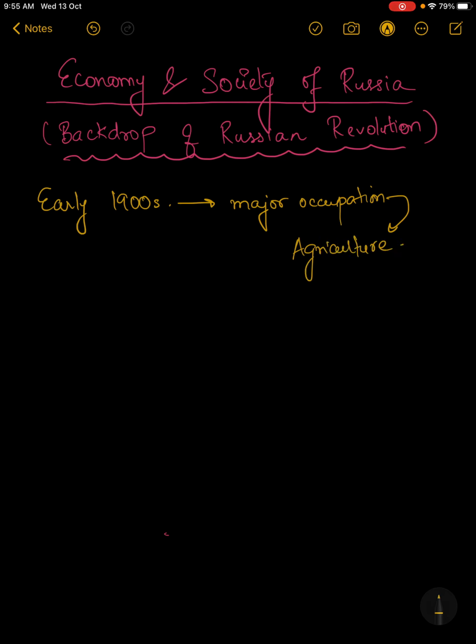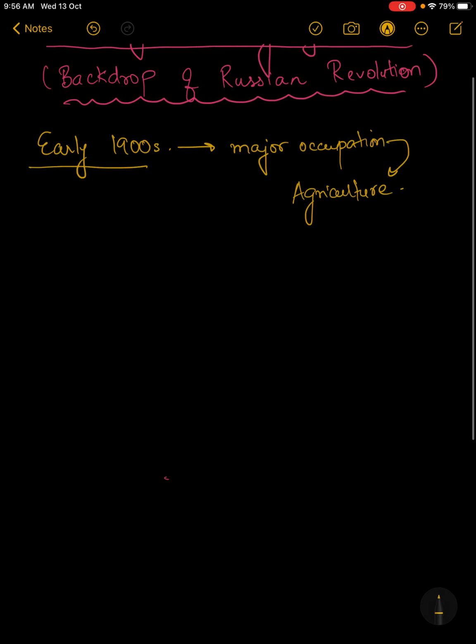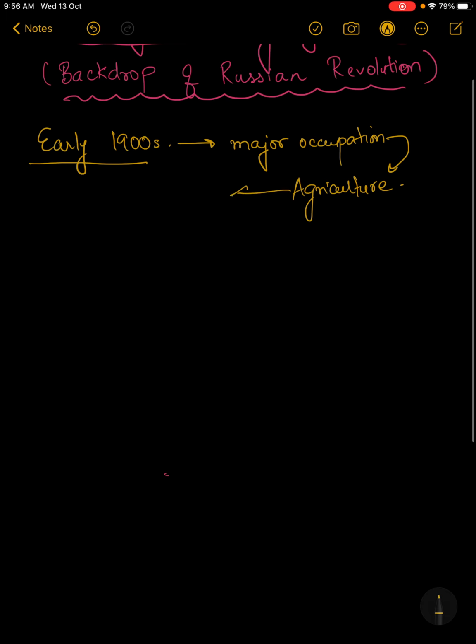During the early 1900s, the major occupation of the people living in the Russian Empire was agriculture. And I mean to the tune of 85% of the people living in Russia were agriculturalists, farmers, peasants. You may call them anything you want. They earned their living through agriculture essentially.